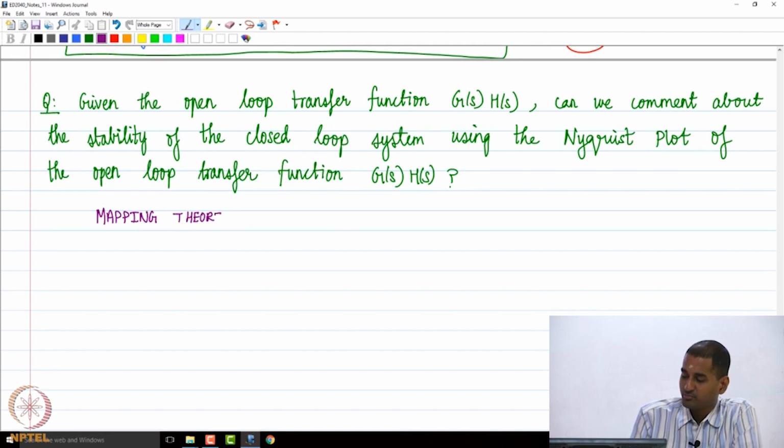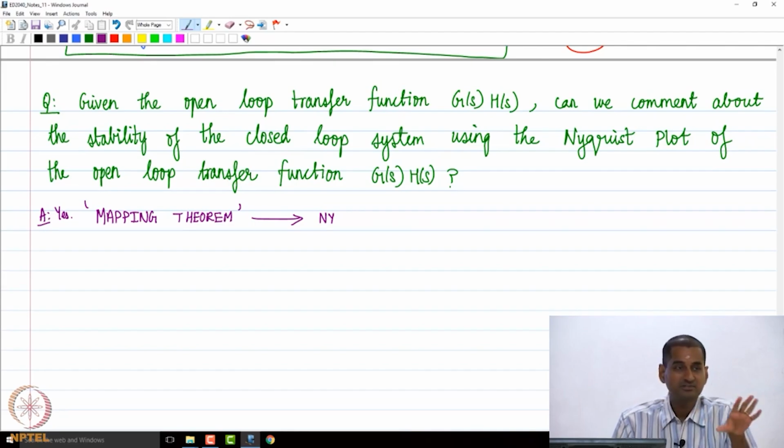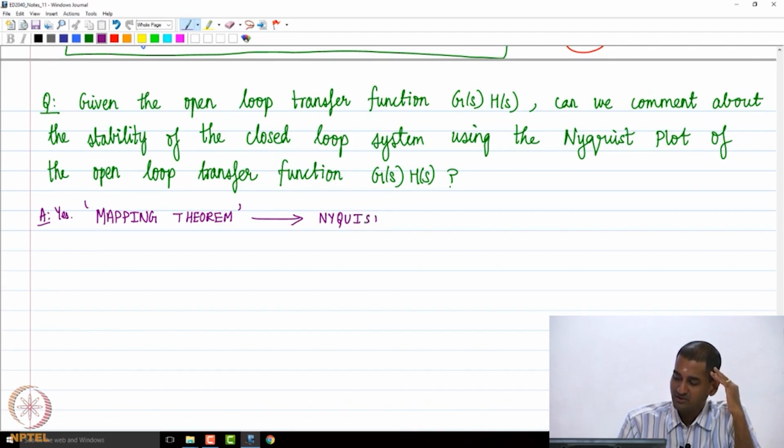Once again, I am not going to prove any of this, we are just going to use them. The mapping theorem leads to the Nyquist stability criteria.